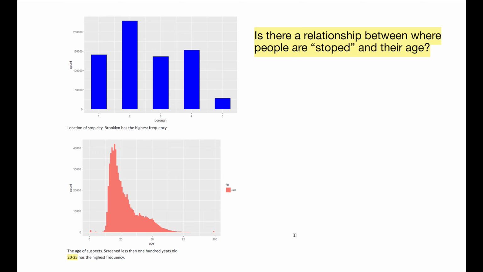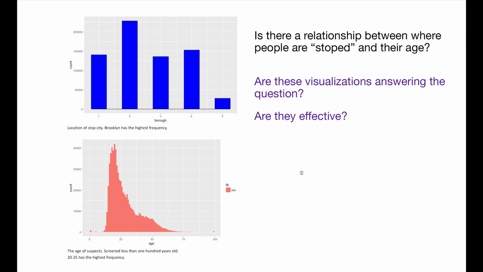Can we see from this that there's a relationship between where people are stopped and the age that they're stopped? No, we can't tell anything. So this data set just flatly doesn't answer this question.